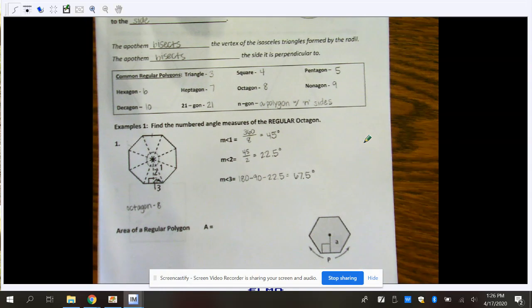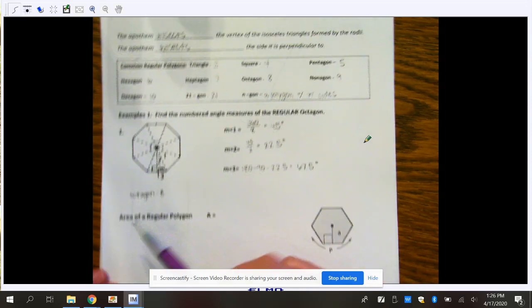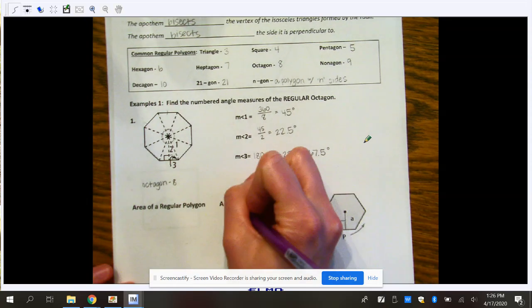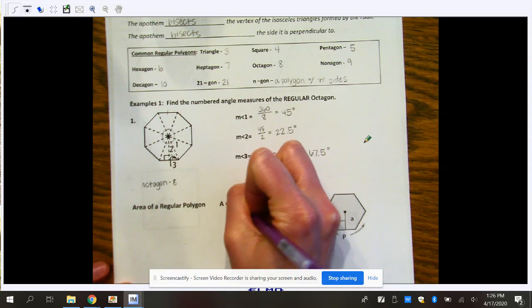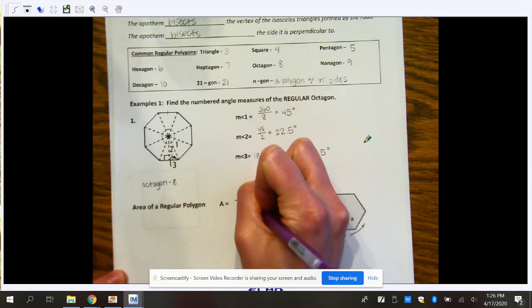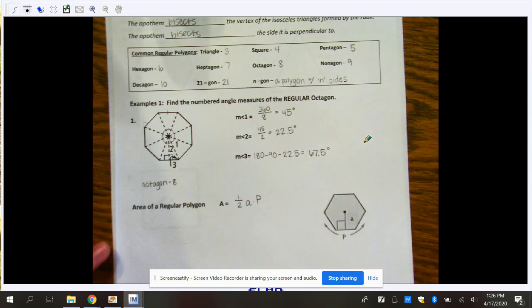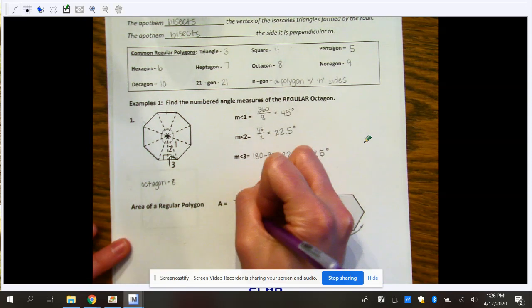Okay. And so that is going to be helpful when we're trying to figure out the angle measures to help us find the area. So the area of a regular polygon is 1/2 times the apothem times the perimeter of your figure. Okay.